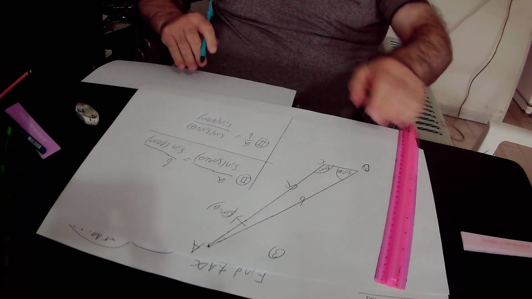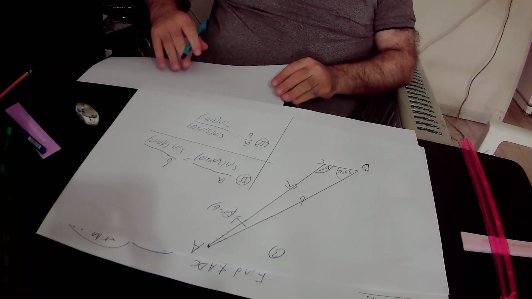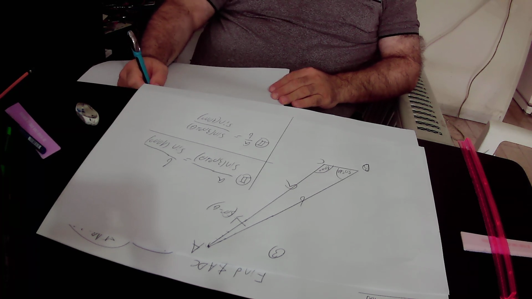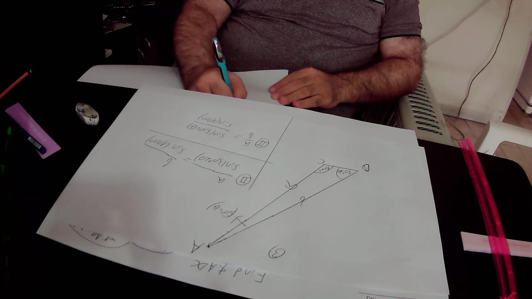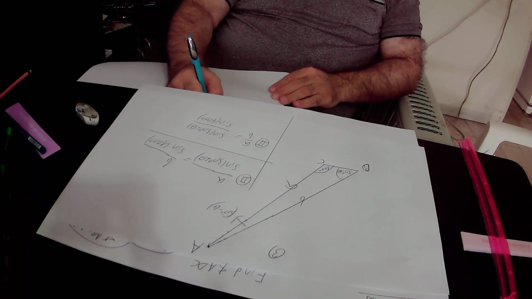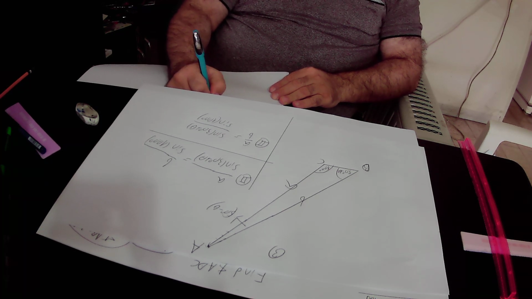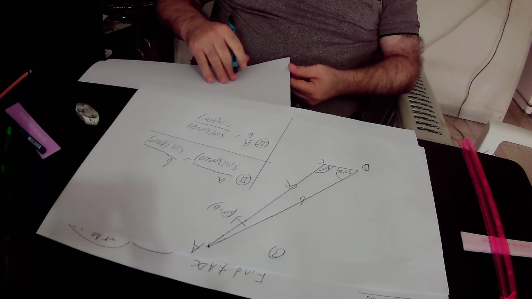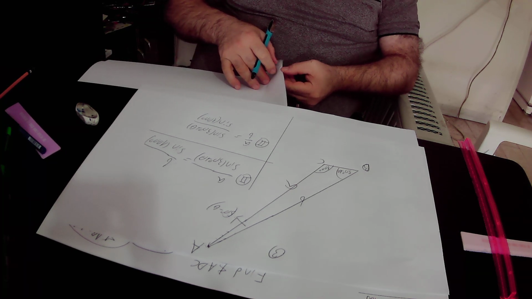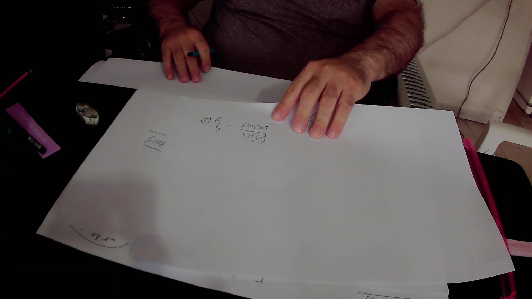So actually we have two equations. According to equation number 1, we know that A over B equals sine 30 degrees over sine 50 degrees. This is actually equation number 1: A over B equals sine 30 degrees over sine 50 degrees.